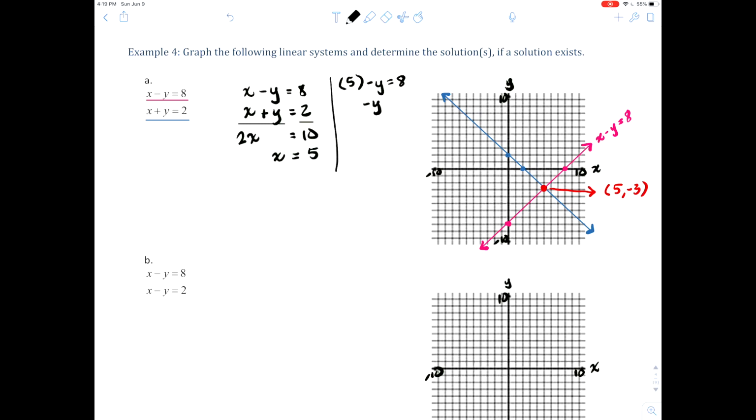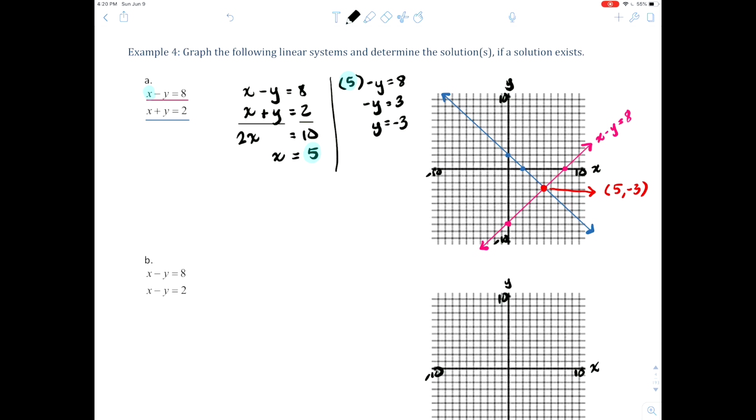Negative y equals 3, so y equals -3. Cool? 5 is what I got for x, and so I substituted it in here after using elimination or addition. It's called different things in different textbooks. So I've solved it algebraically as well.